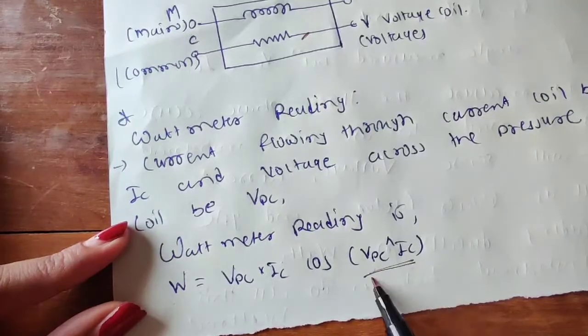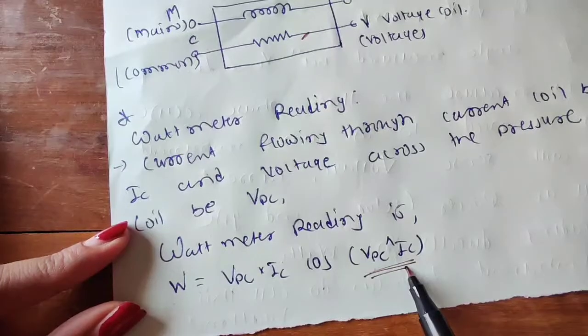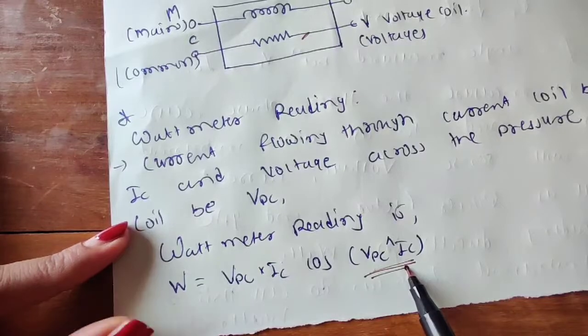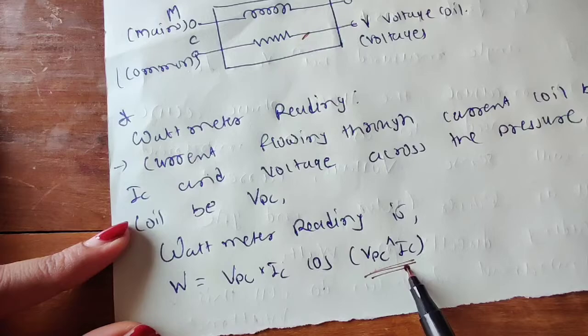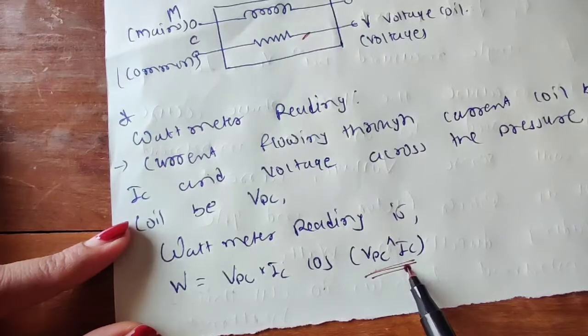Here, this is the angle between the voltage across the pressure coil and the current through the current coil.